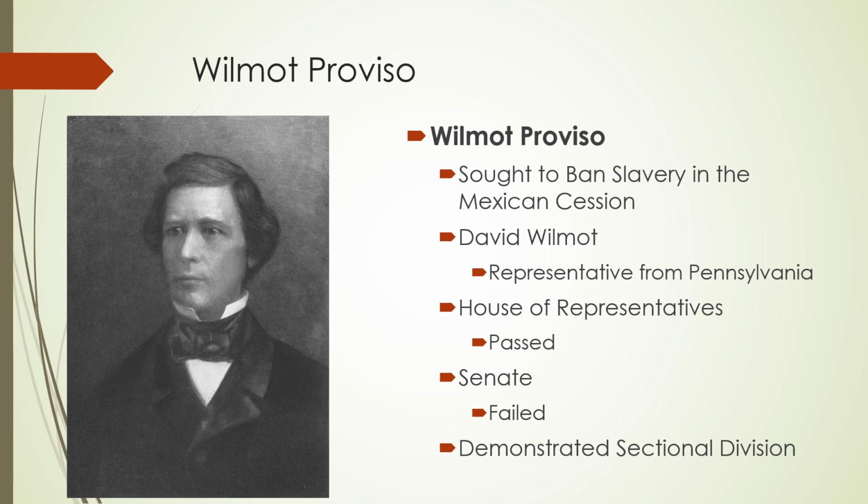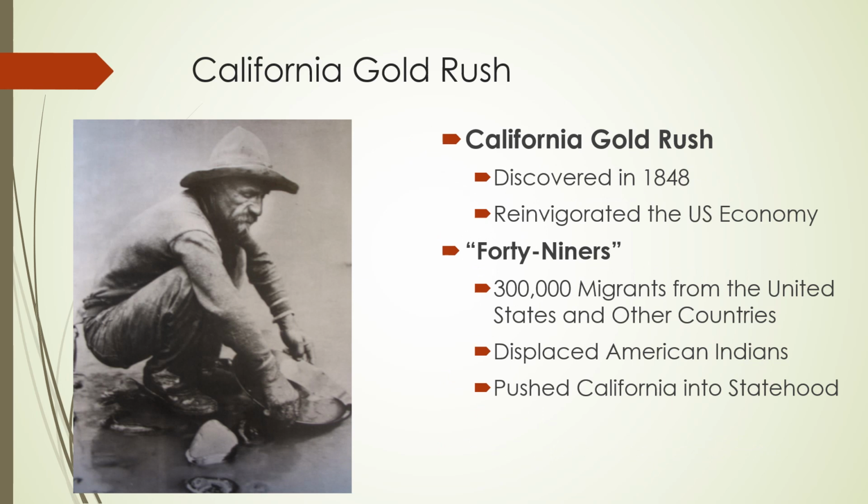We talked about Florida and Texas. And so the Wilmot Proviso is struck down in the Senate, does not pass, but it sort of demonstrates the sectional division that has happened, where now we clearly have two halves of the nation divided, and particularly over the issue of spreading slavery to the west, to more states.